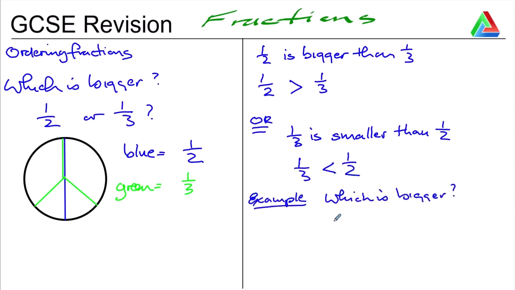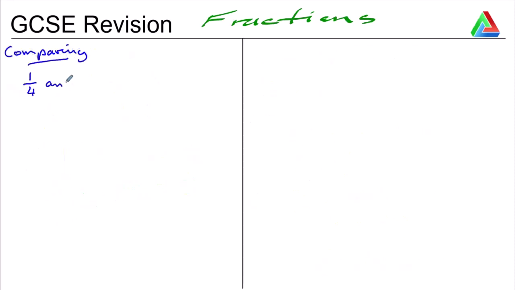So we're splitting it up into 5 parts, or we're splitting it up into 8 parts. Obviously, each part is bigger if we only split it into 5, so 1/5 is bigger. And again, if we look at a quarter and a sixth, which is bigger, well, we're splitting them into 4 parts or 6 parts, so the 4 parts are bigger, so 1/4 is bigger.